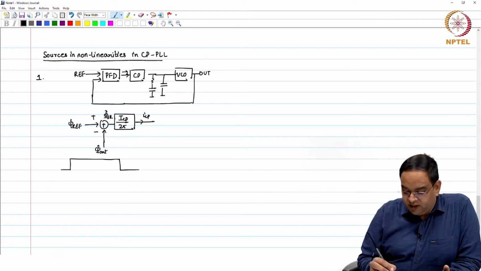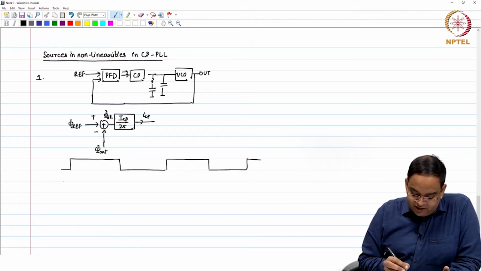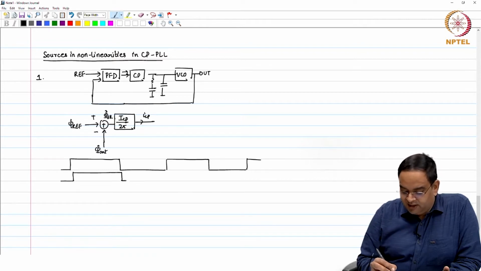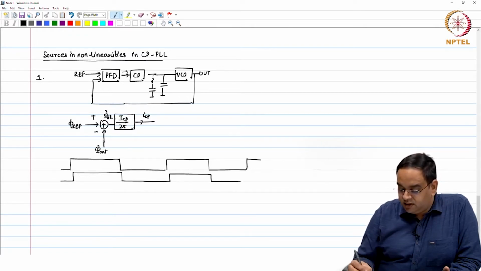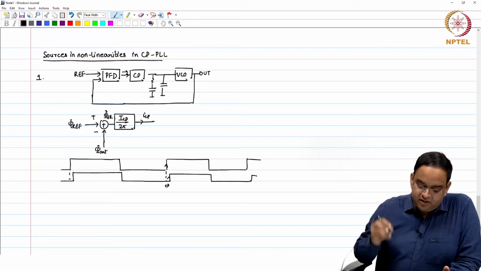So, just think about it, that we are having this as a reference pulse, and the other one as an output pulse. So, let us say in locked state the phase error is very small, the two rising edges are very close, which in turn means the phase error is very small.